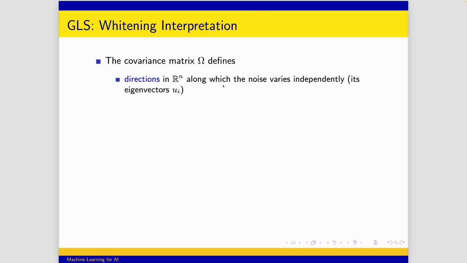The directions in Rn along which the noise varies independently are given by the eigenvectors of omega. Let me call those eigenvectors ui. The variances of the noise along these directions are given by the eigenvalues lambda i of omega.